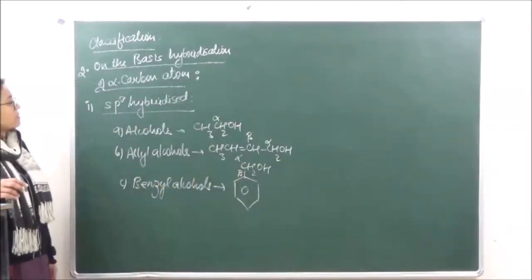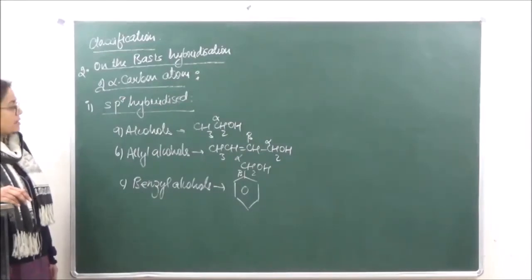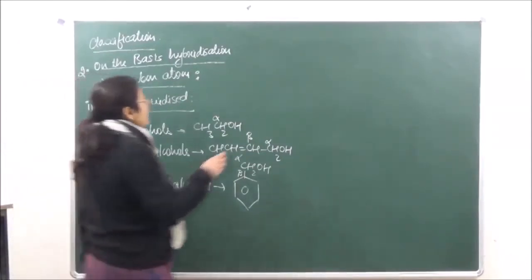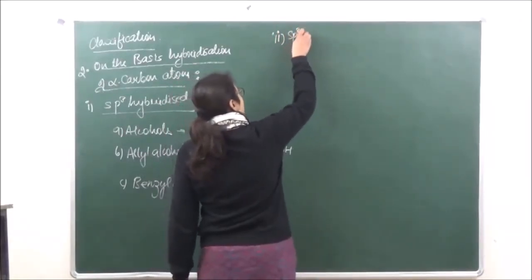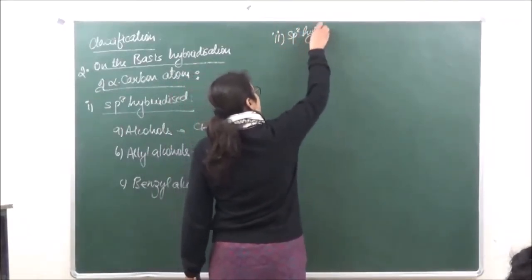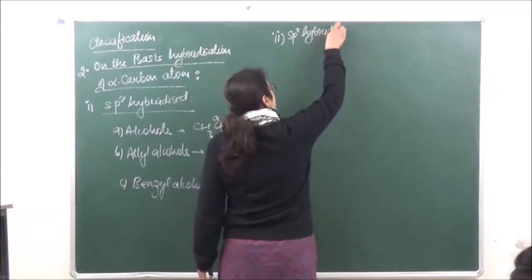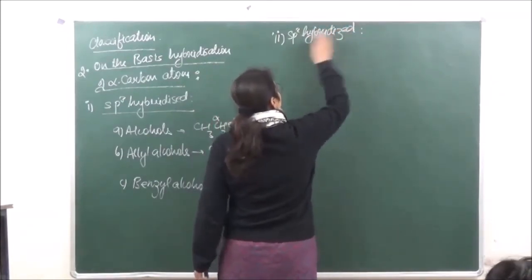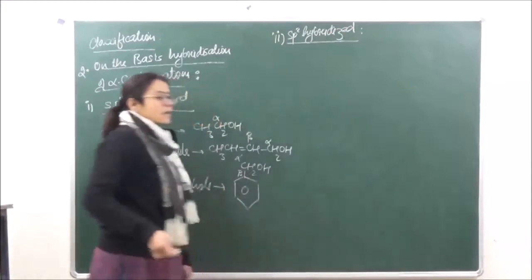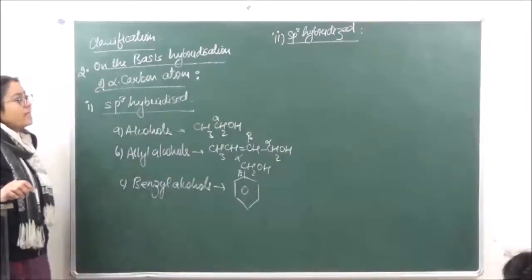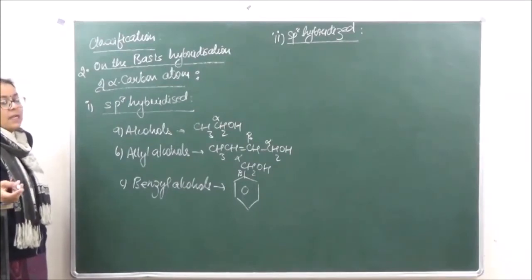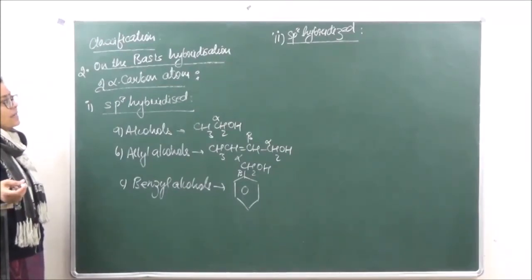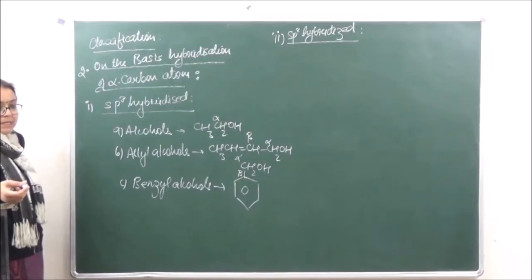So this again comes under the sp3 hybridized carbon atoms. Then we have the second, in which the alpha carbon atom is sp2 hybridized, right?